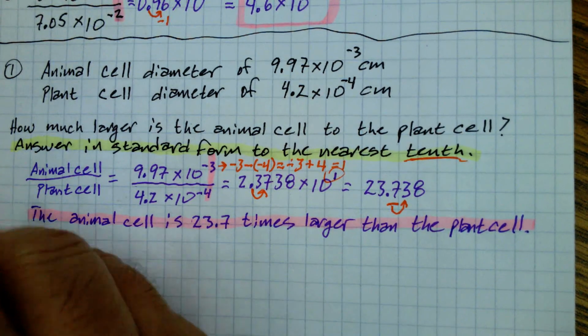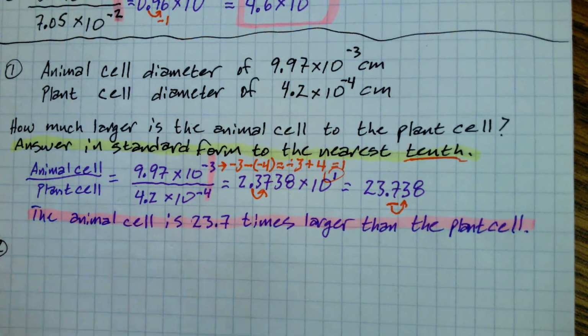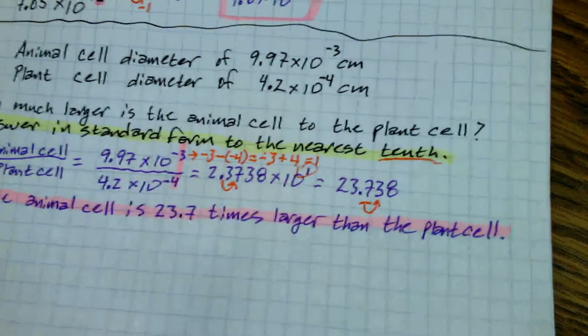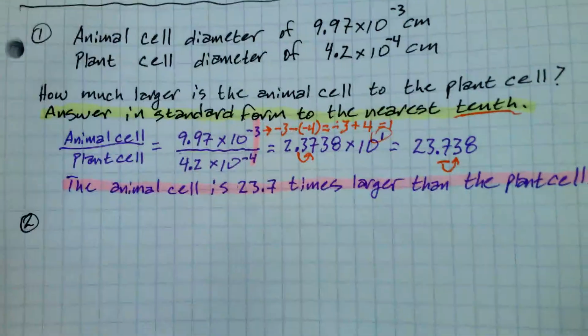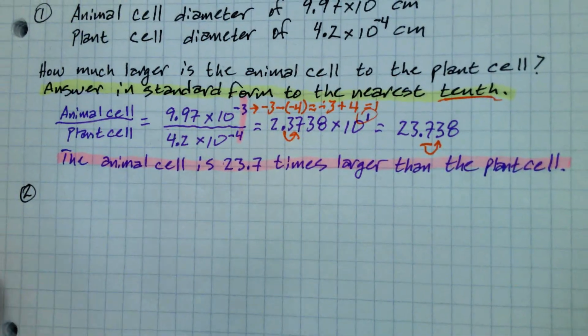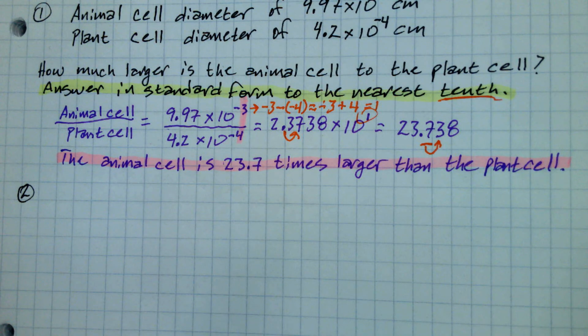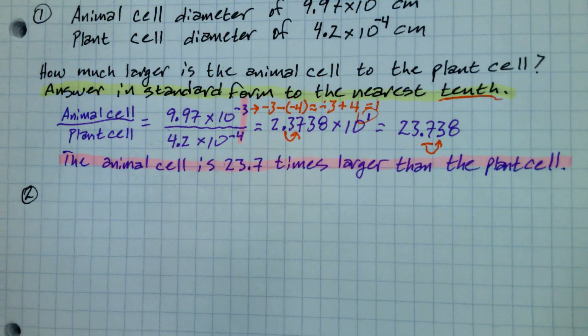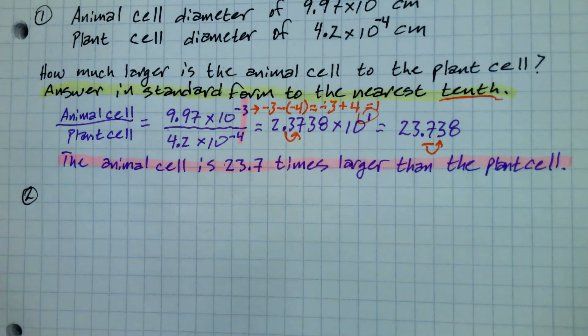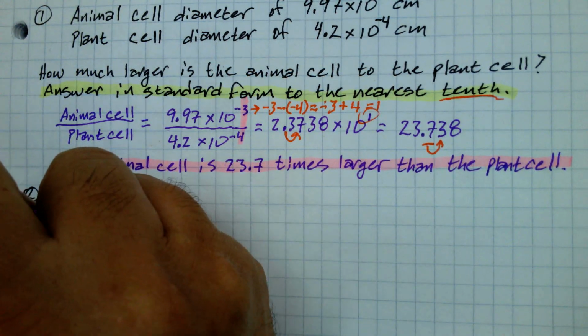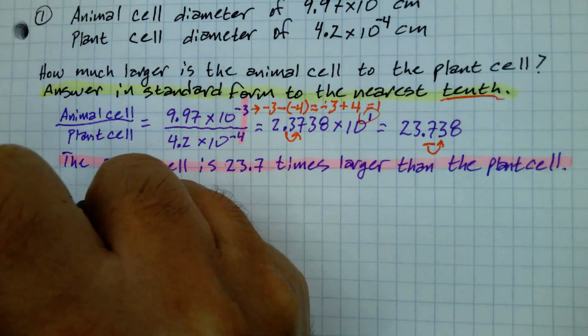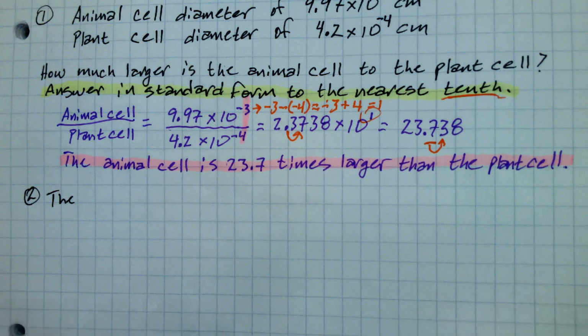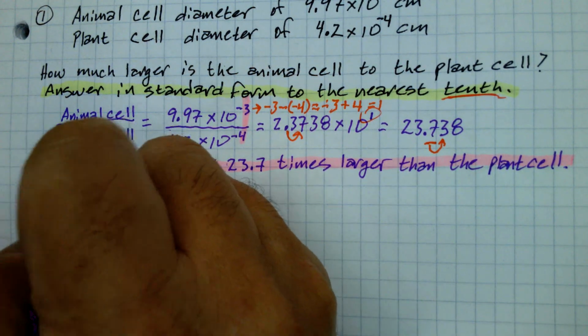Number 2. Okay, so number 2, put this in here. Number 2 is the distance from Jupiter to Mercury. Okay, here we go. So now we have some astronomy going on.